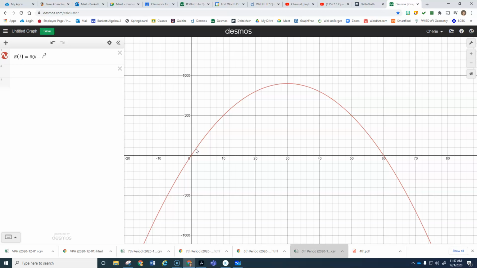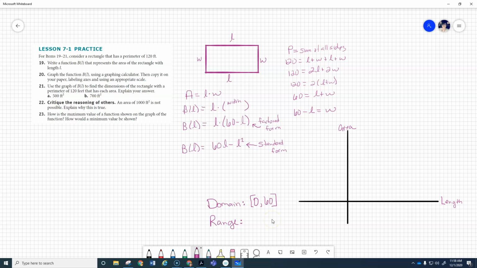So when I go over here, knowing that there's no way my length can be anything greater than 60, that now makes sense when I see that these lengths will produce these areas. So if I go here now, I would be able to scale this.